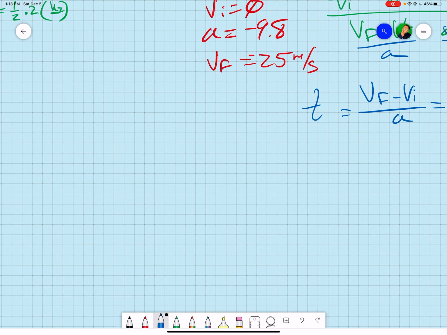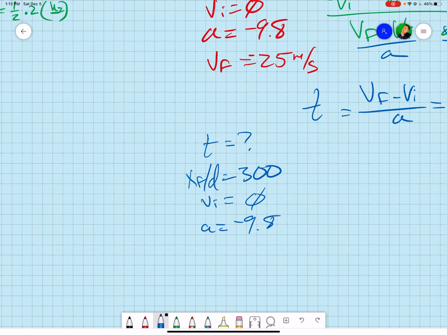T is equal to question mark. The distance, x f or d, is equal to 300 meters. Initial velocity, it's still dropped, so it's still 0. Acceleration is still gravity, still negative 9.8.